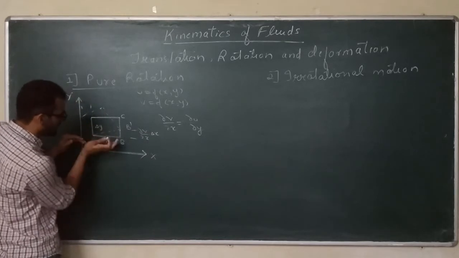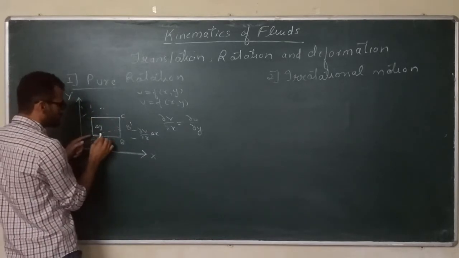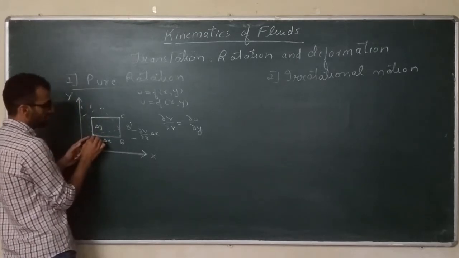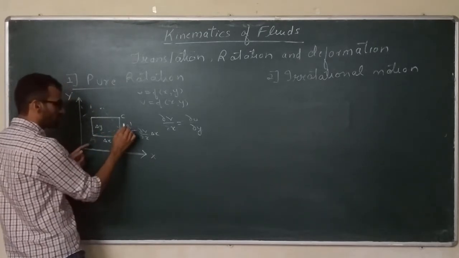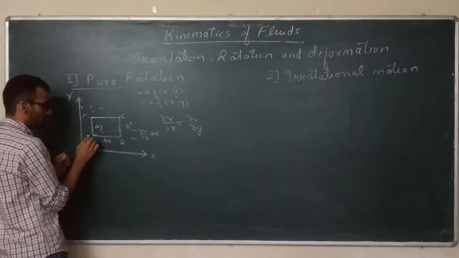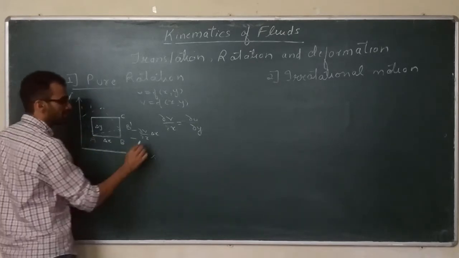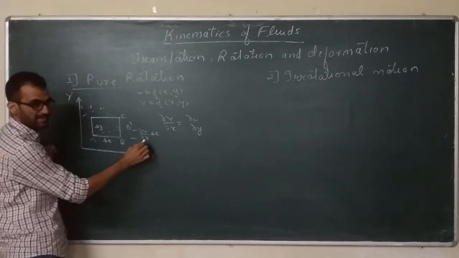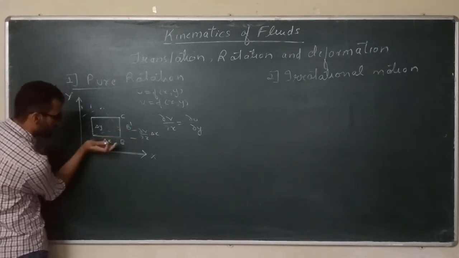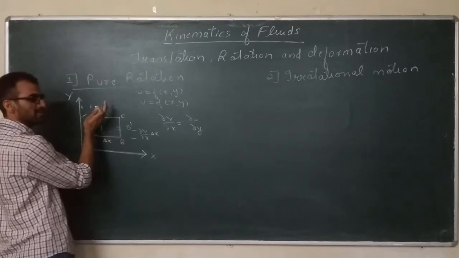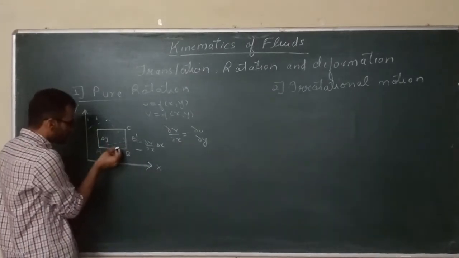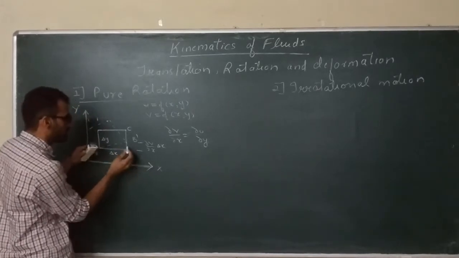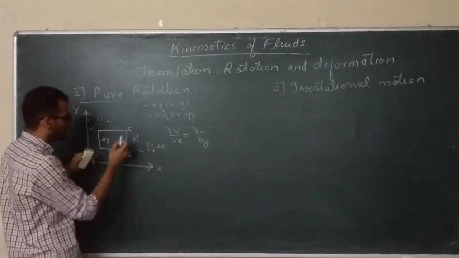That's why this element moved like this, because the vertical velocity at b is greater than the vertical velocity at a. It's a positive gradient, the velocities are increasing. That's why AB has gone like this. So segment AB will tilt in this way, and B will go above.